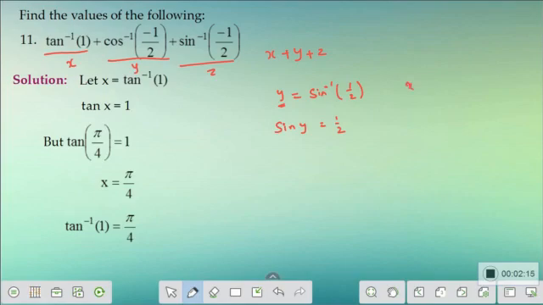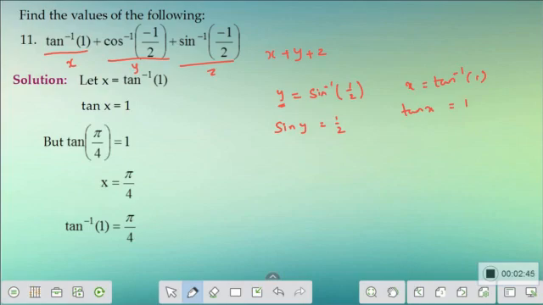We have x is equal to tan inverse of 1. So this means that tan x will be equal to 1. We also know that tan pi by 4 takes the value 1. And if we check the principal value of inverse of tan x, it is the open interval minus pi by 2 to pi by 2.